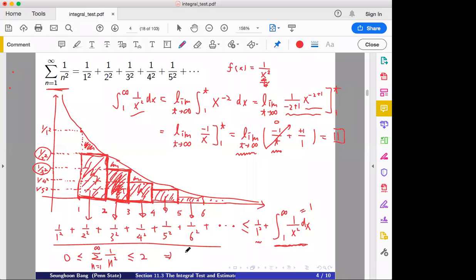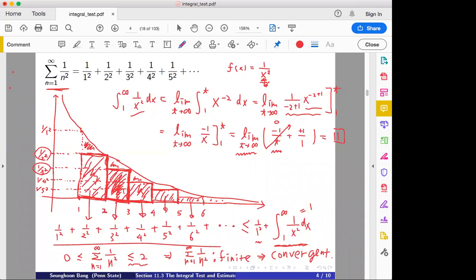What is the summation n equals 1 to infinity of 1 over n squared? It is just less than 2. We don't know the exact number, but we know this is finite. So the summation is a finite number. What does it mean? The series is convergent. This is the idea.